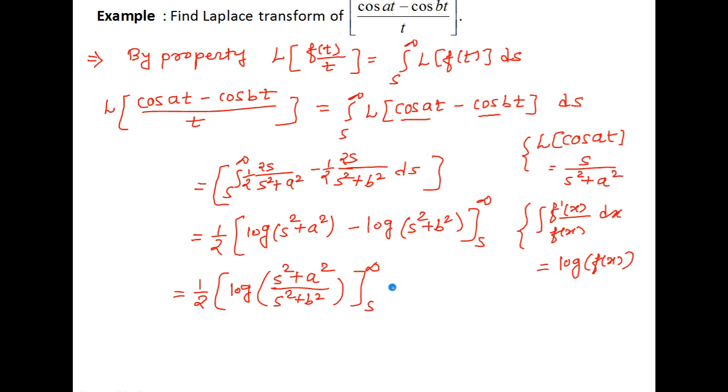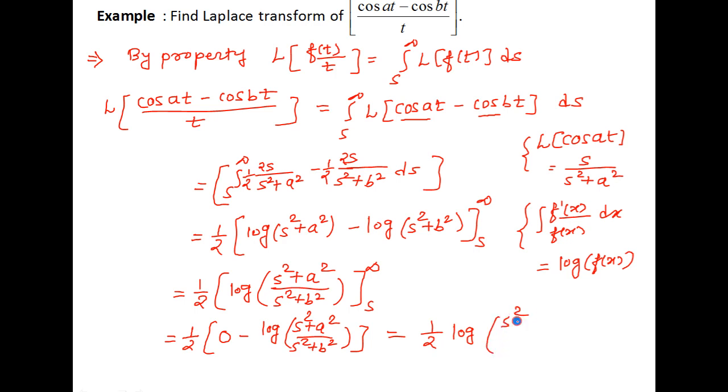If we apply limits from s to infinity, for the upper limit this term is going to be 0 minus, and for the lower limit I will get the same value, s square plus a square upon s square plus b square. And again by the property of logarithm, we can shift this minus sign to this bracket. So we can write here 1 by 2 log of s square plus b square upon s square plus a square.